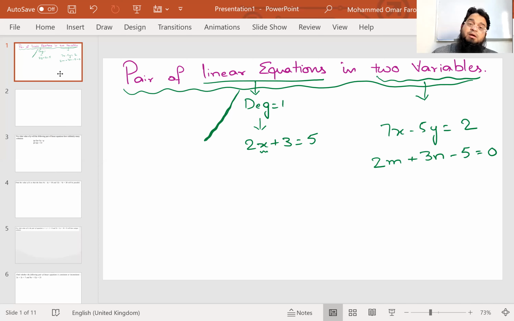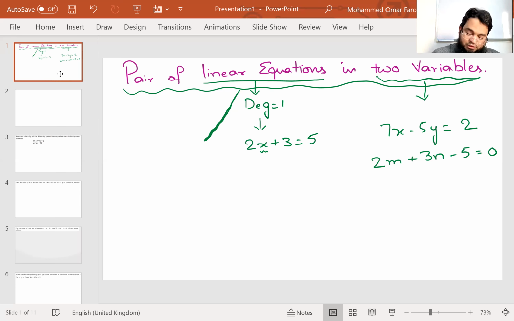Here in this chapter, we are going to see how a pair of linear equations behave when they are together, and what the solutions can be, whether the solutions exist or not. This we are going to discuss in this chapter, and moreover we are going to see how we can use this concept in solving daily life problems.